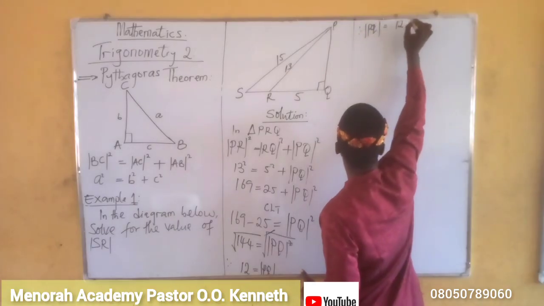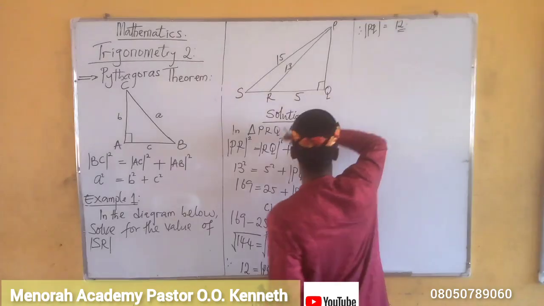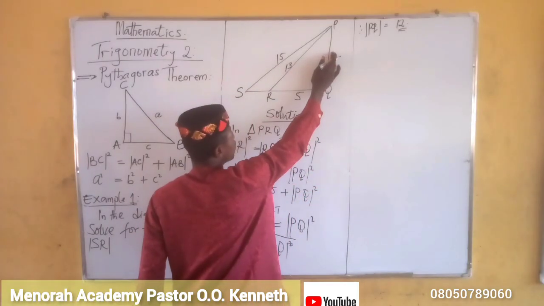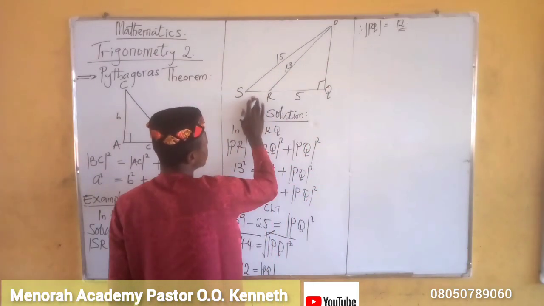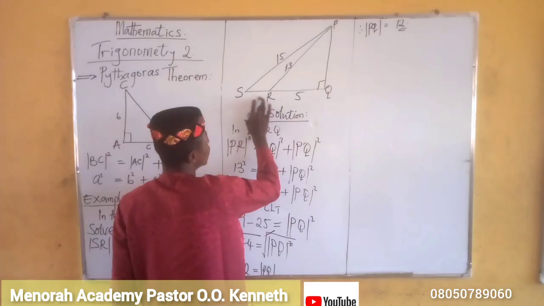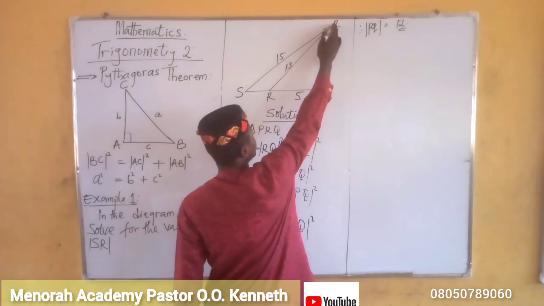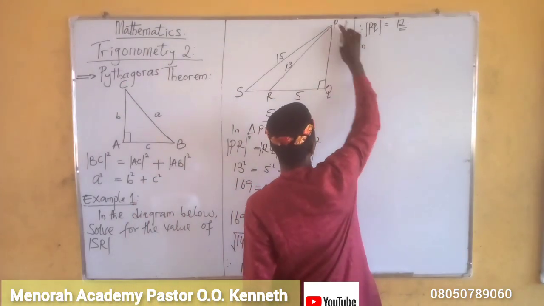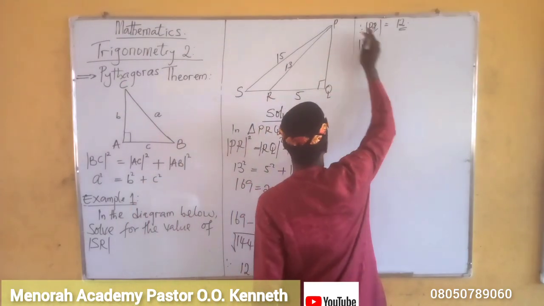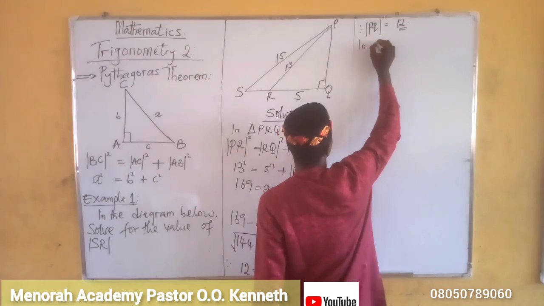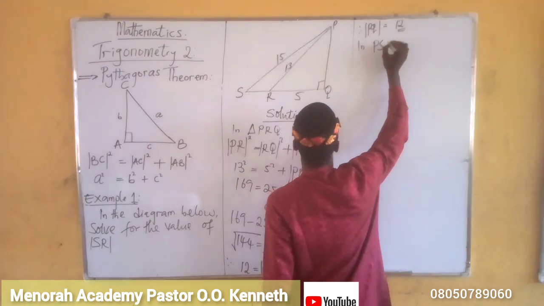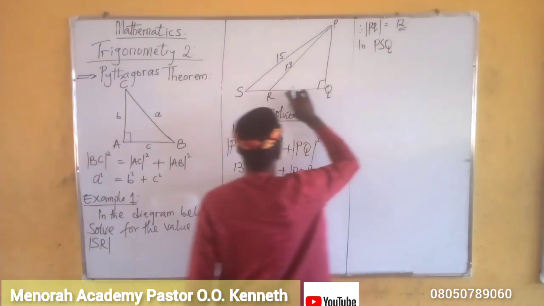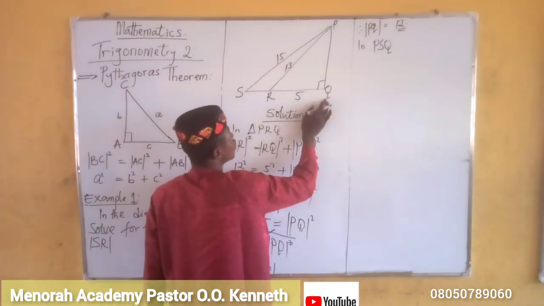Now this is not where we are stopping yet. Now that we have found PQ to be 12, we can find our SR, because that is the target. So we can use the whole of this triangle now. Consider triangle PSQ.